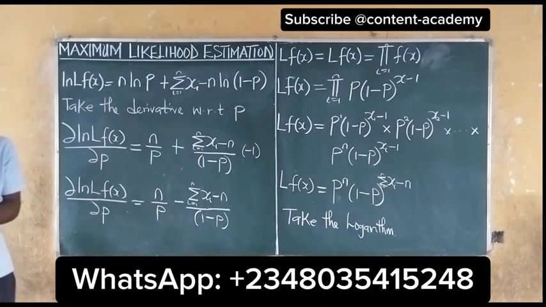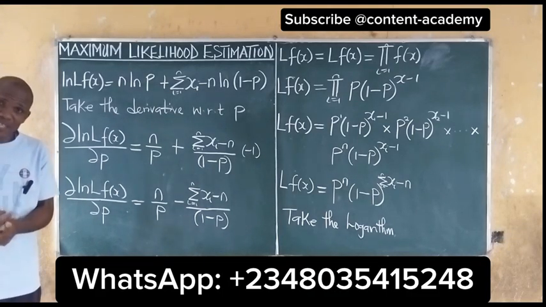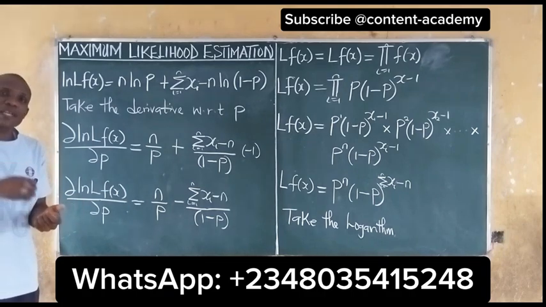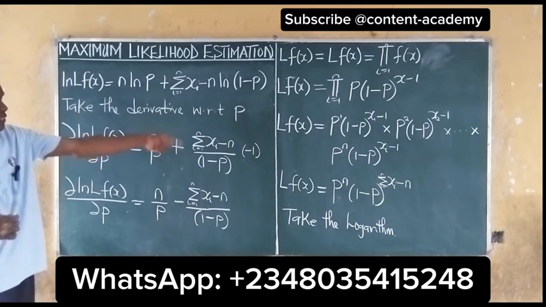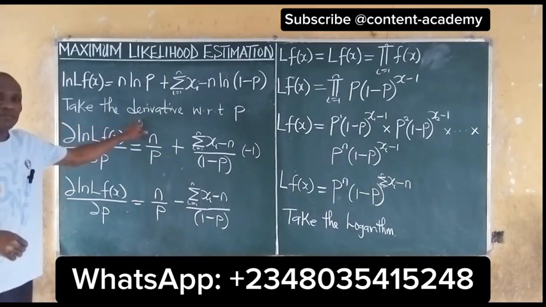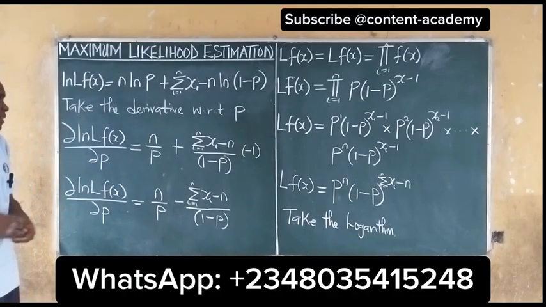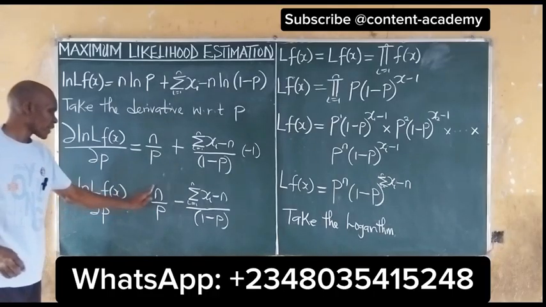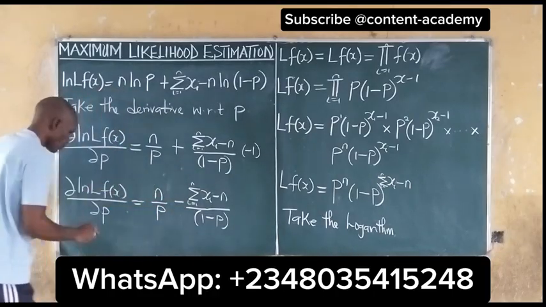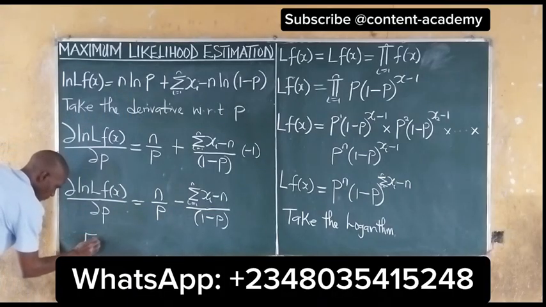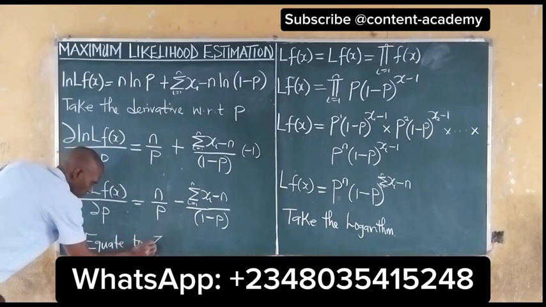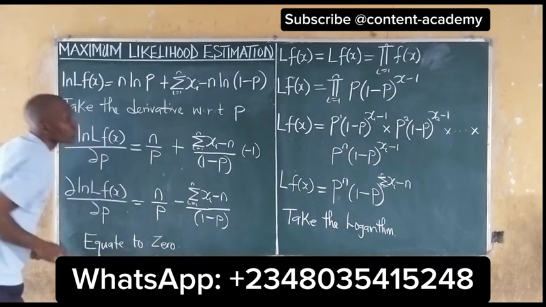Like we said, from the maximum likelihood estimation, to get the estimate, that is the maximum likelihood estimate, we have to take the likelihood function, take the logarithm, take the derivative with respect to the given parameter, and equate to 0. So we equate the whole of this to 0.